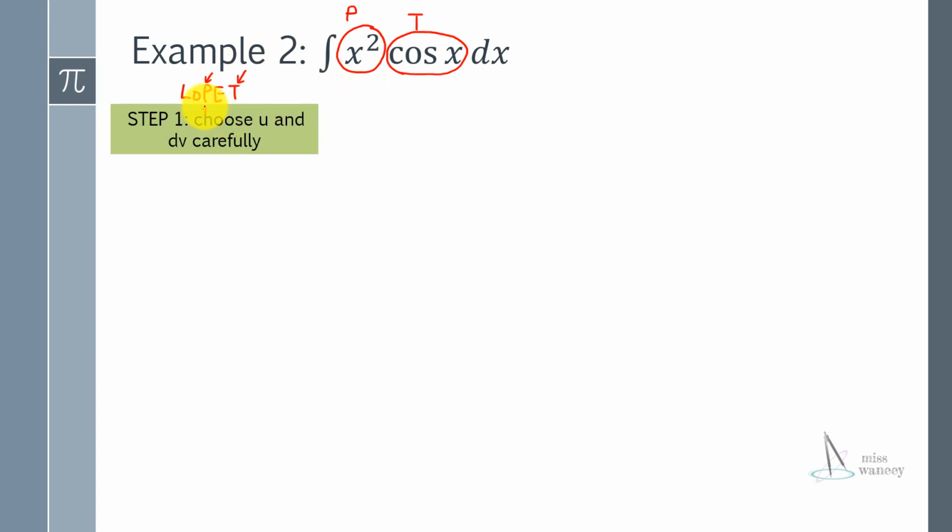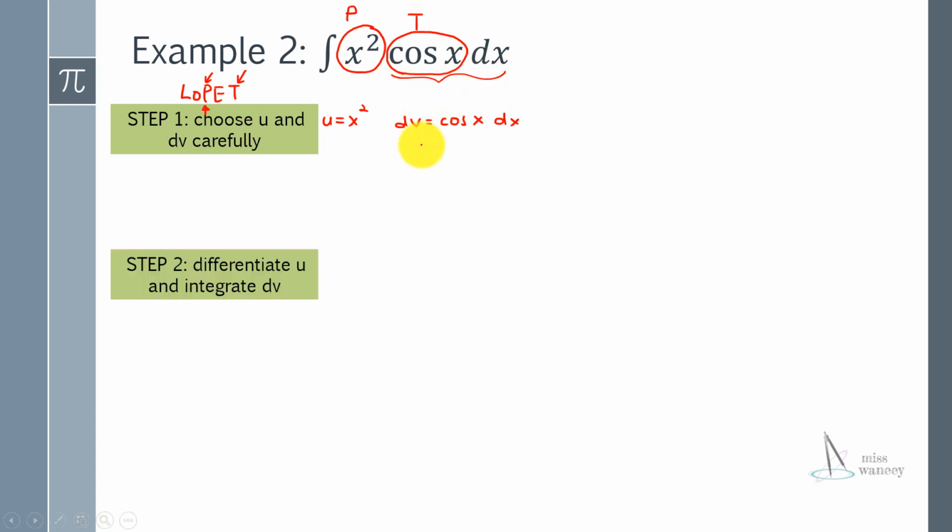Therefore, I have to use the polynomial as u. So u is equal to x squared, while dv is equal to cos of x dx. Make sure you take everything else as your dv. Second step, differentiate the u and integrate the dv.